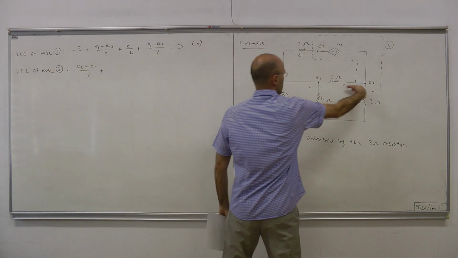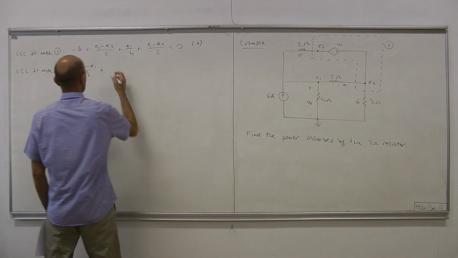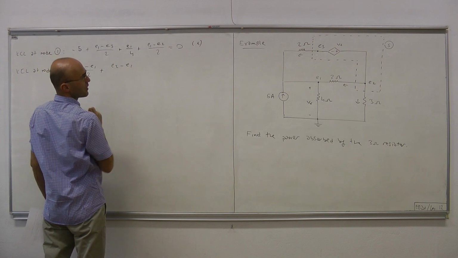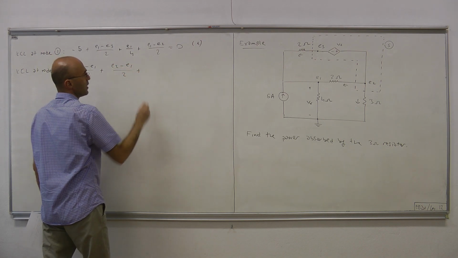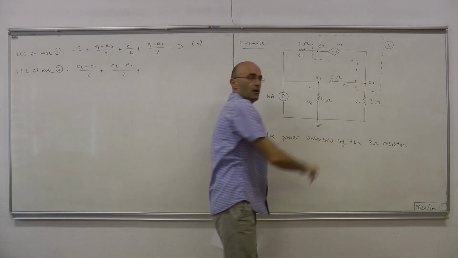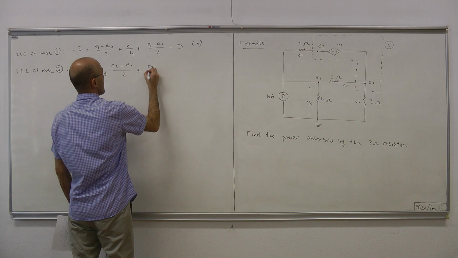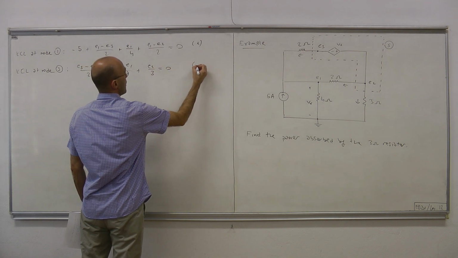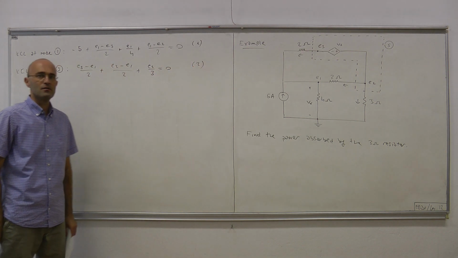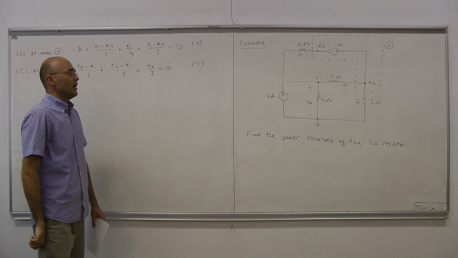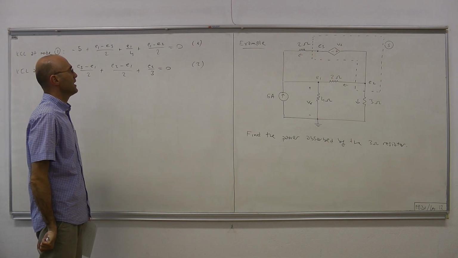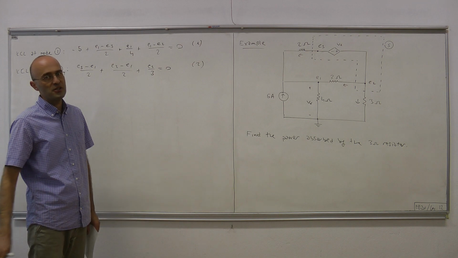And then we have this, which is E2 minus E1 divided by 2. And finally, this current is E2 over 3. And that's our second equation, KCL. And that's all we can get from KCL.